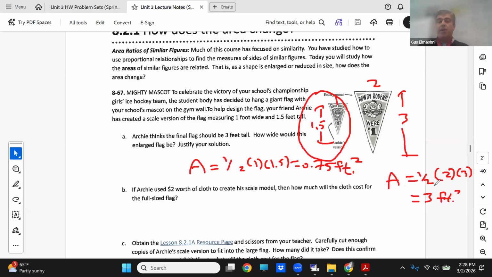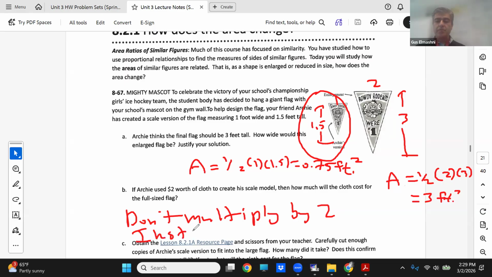So I need to quadruple the cost. So you don't multiply by 2, even though it seems logical to do that. Instead, you multiply by 4.